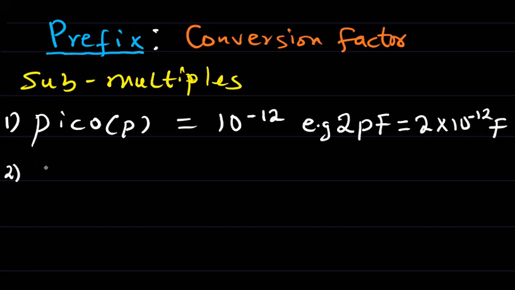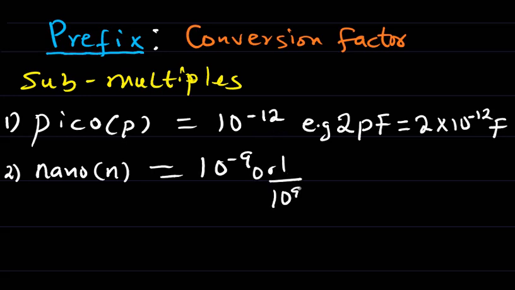Number 2, the next prefix is nano, abbreviated as N. Nano is 10 raised to the power minus 9, or you divide by 10 raised to the power 9. It's still the same. For example, 2 nanocoulomb is equal to 2 times 10 raised to the power minus 9 coulomb.